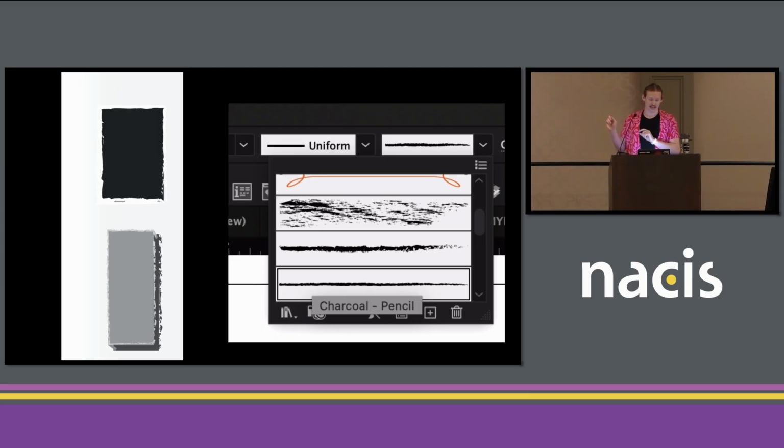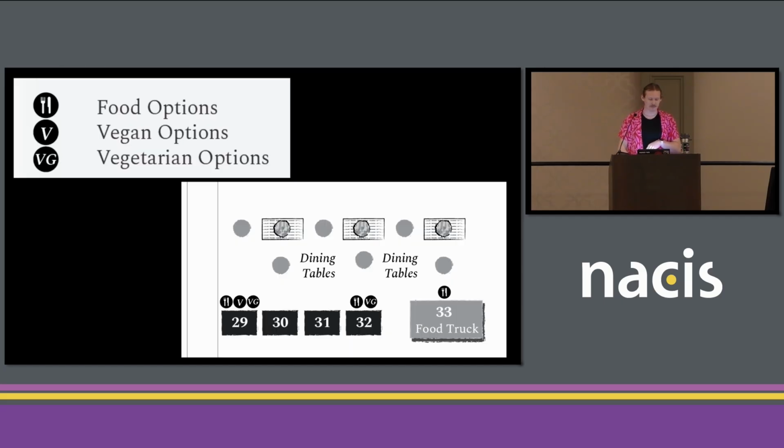I used a preset in Adobe Illustrator called charcoal pencil. So I just made all of the booths a bit rougher around the edge, all of the lines and other features just got a rough, agitated charcoal effect, and I think it matched the aesthetic we were trying to go for.